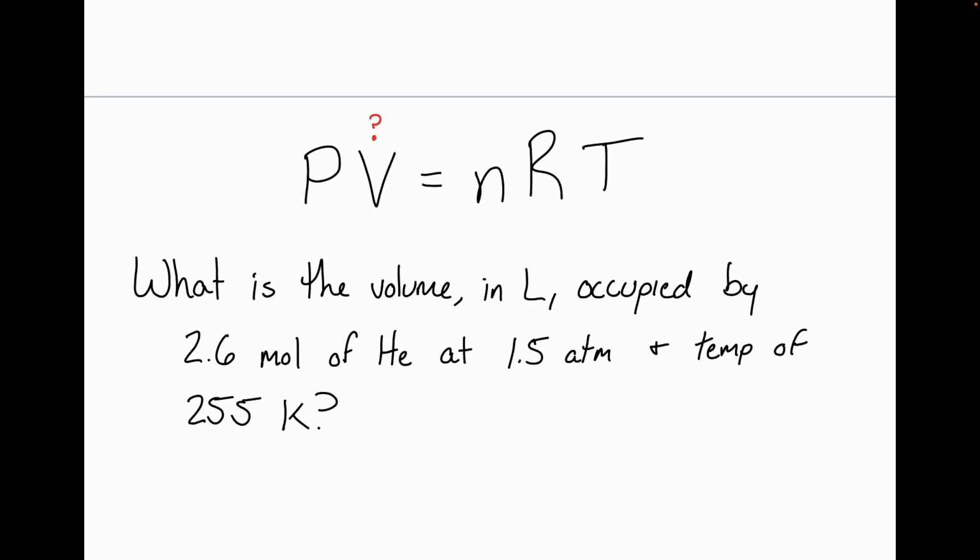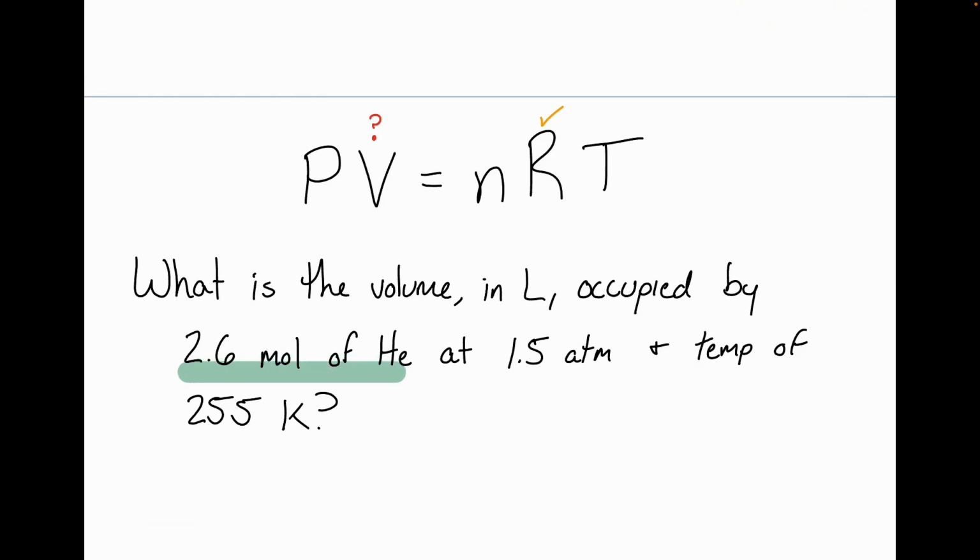There's one of these letters up here that I can always find the value for. That ideal gas constant, right? I'll just look that up on my constants page. No matter what, we always have R.